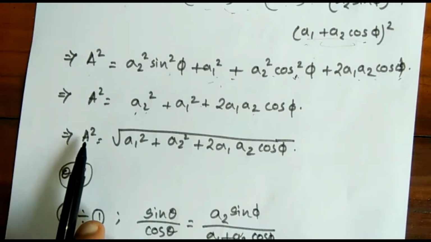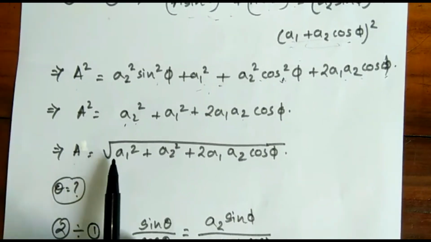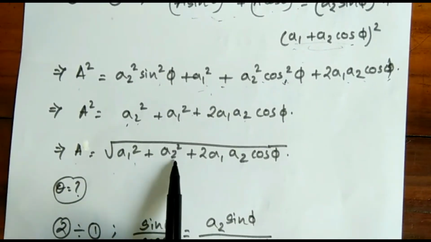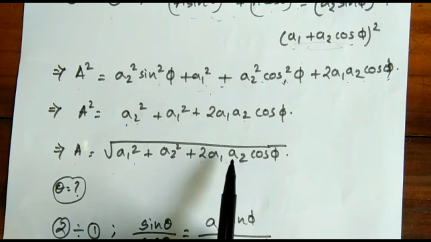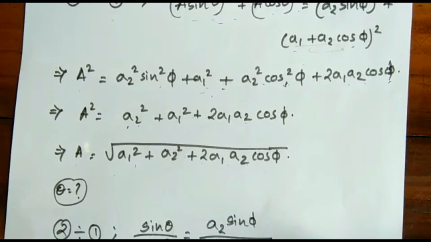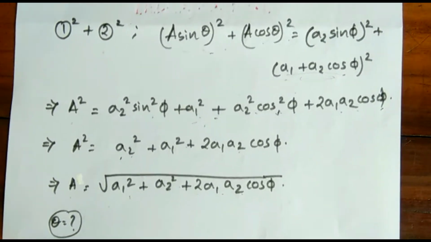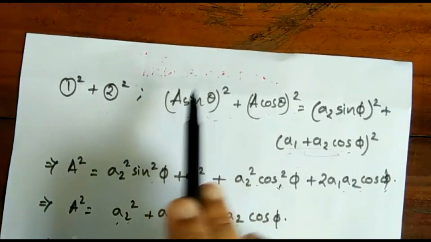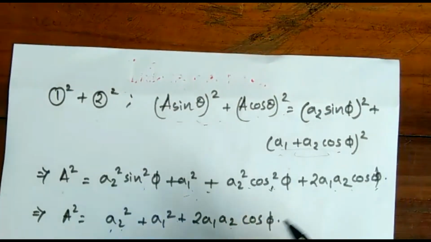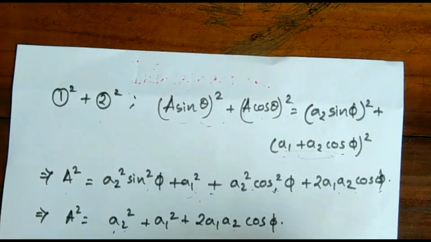So finally we get a is equal to root over a1 square plus a2 square plus 2 a1 a2 cos phi. This is the formula for resultant displacement, you know. So what is theta? Because you need to know the angle so that you can find the amplitude.